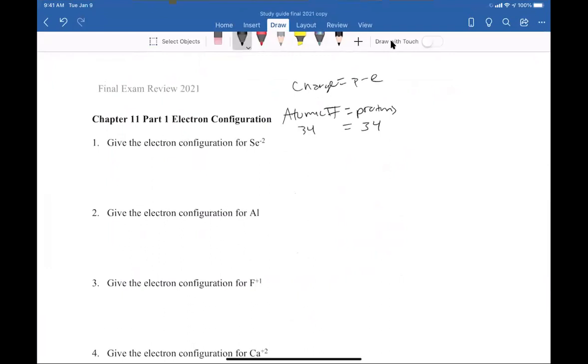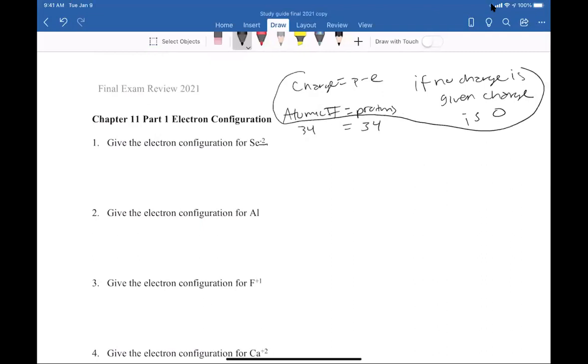Charge is always that little number at the top. If no charge is given, charge is 0. Atomic number equals the number of protons.